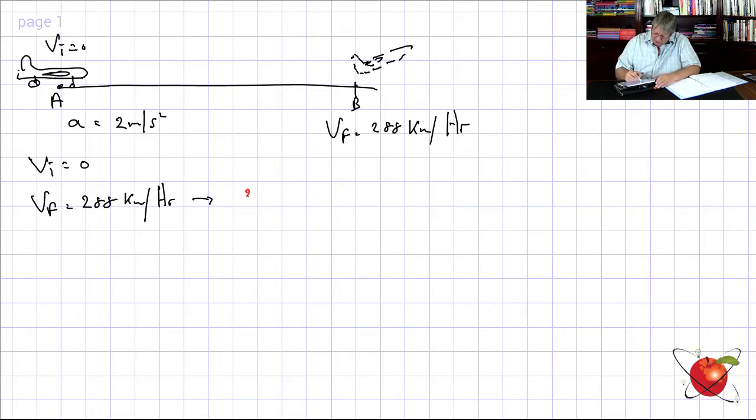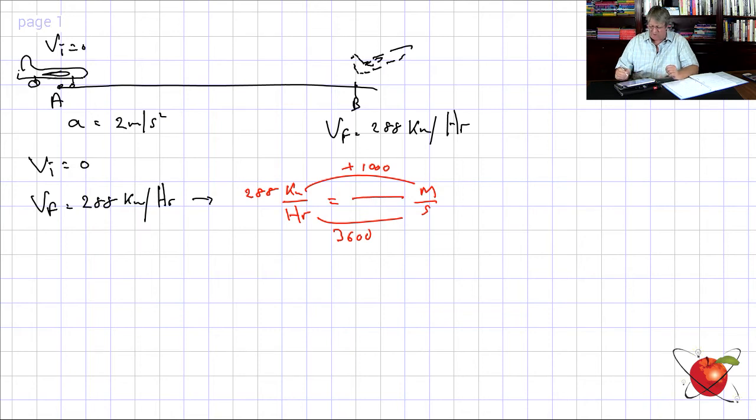So 288 kilometers per hour, I want to change that to meters per second. What must I do? I have to times that by 1,000 and divide by 3600. There's my fraction. What do we end up with? 288 times that is 80 meters per second.